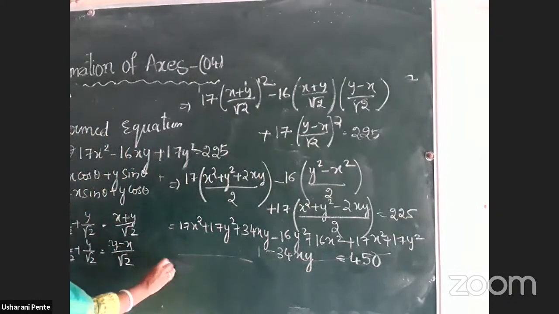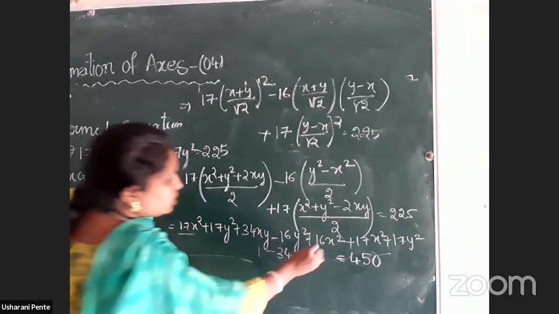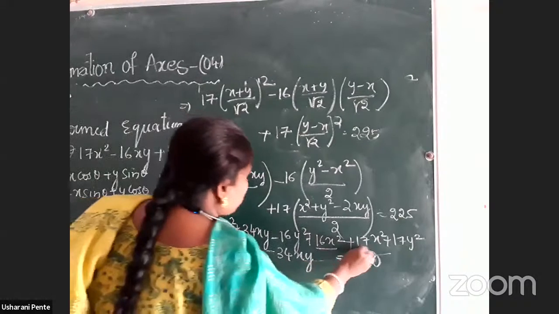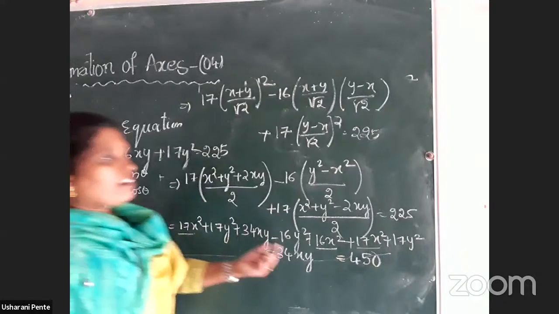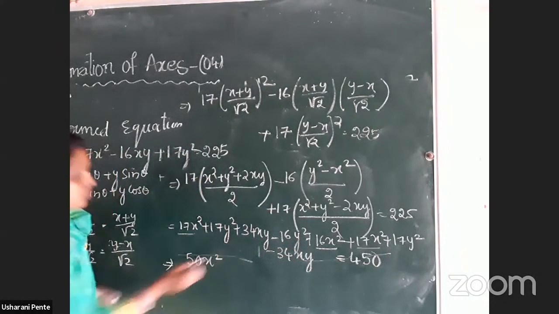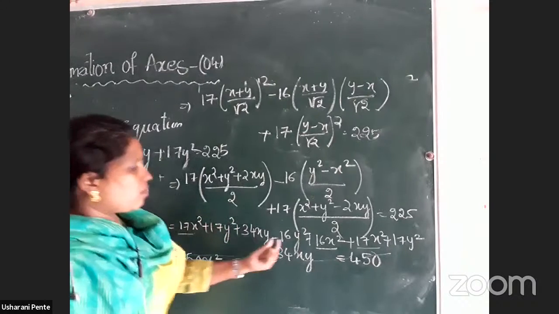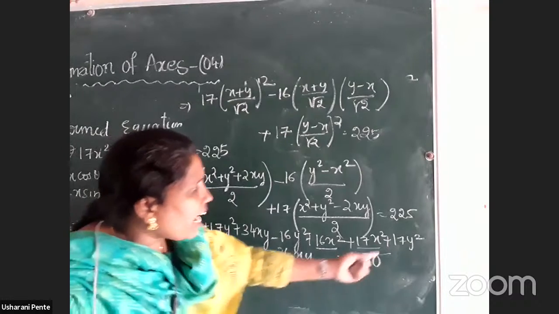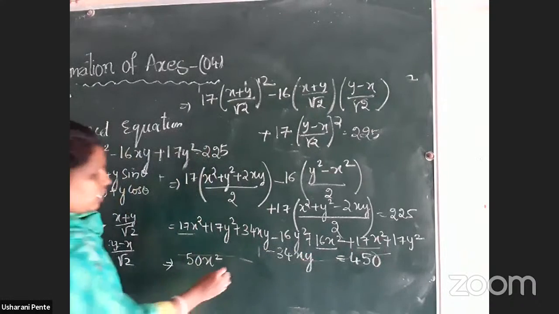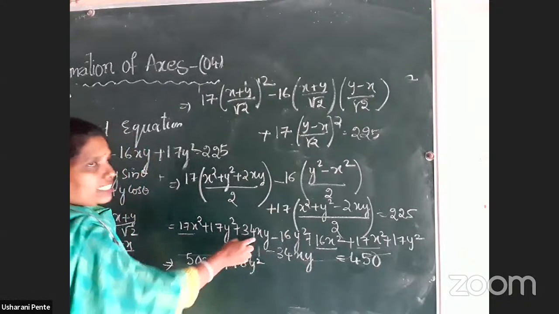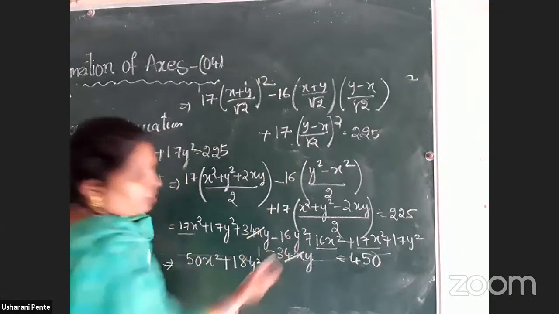Now we simplify. The x square terms: 17 plus 16 plus 17 is 50x square. The y square terms: 17 minus 16 plus 17 is 18y square. Plus 34xy minus 34xy gets cancelled.